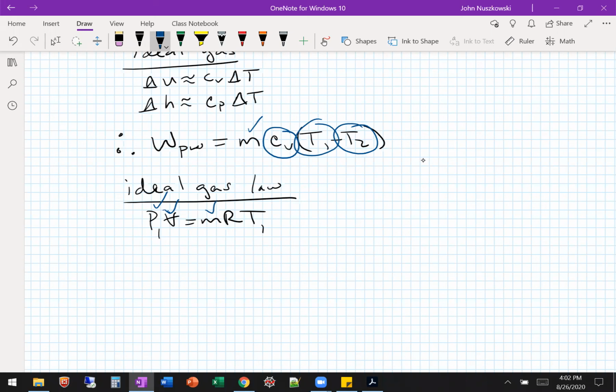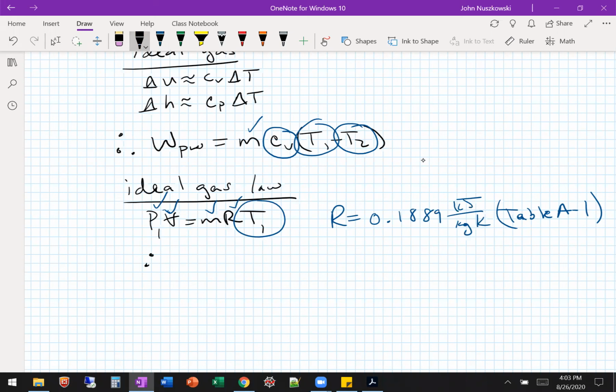We just need R for CO2: 0.1889 kilojoules per kilogram K, from table A-1. So the only unknown is T1, and we get 275 Kelvin. How do we get T2?